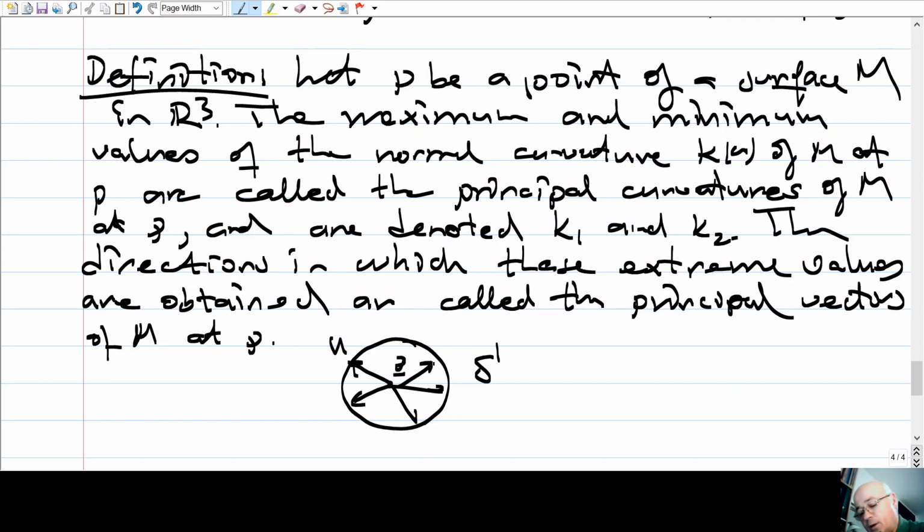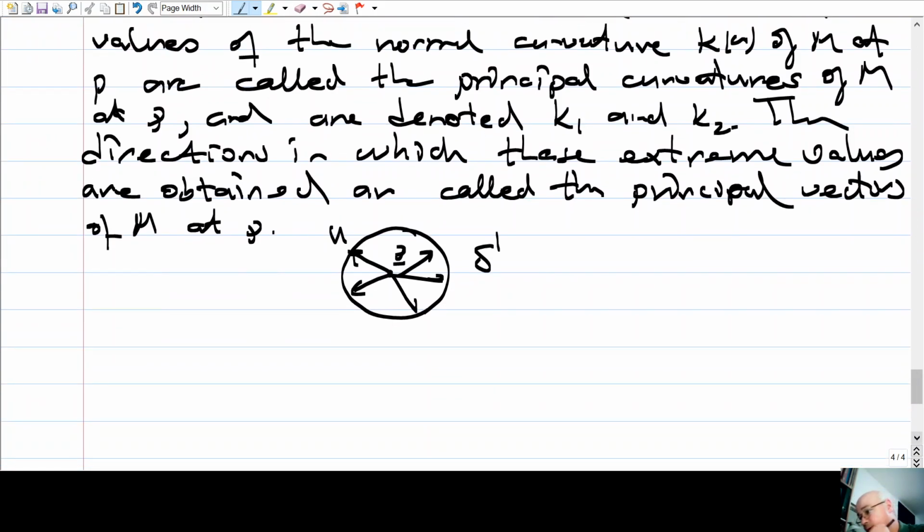So normal curvatures are just the values of a continuous function on a compact set S1. Therefore, it has a maximum and minimum. So maximum and minimum always exist on a smooth surface.